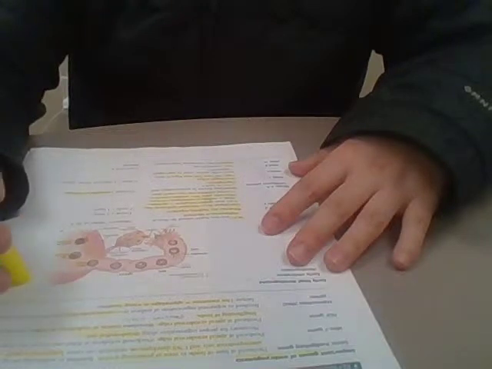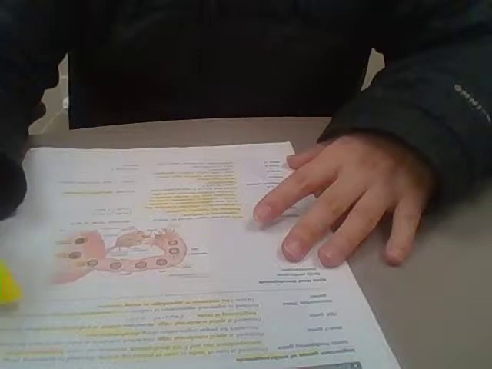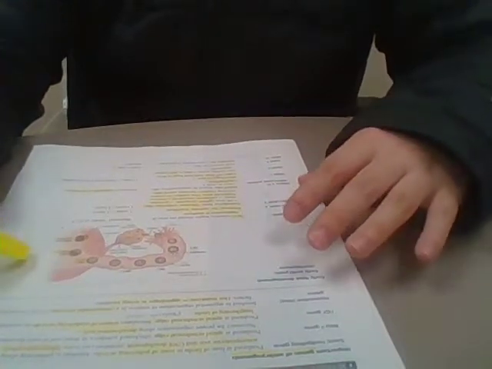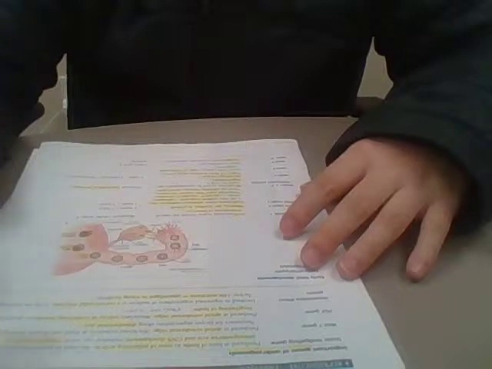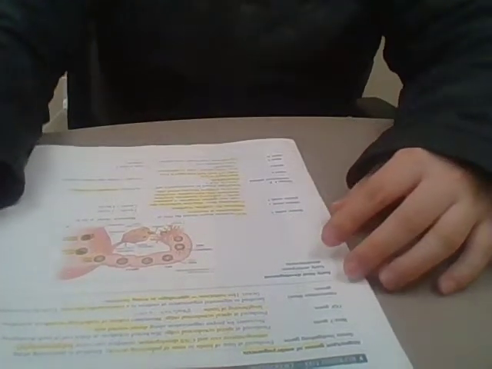With transvaginal ultrasound at week 6, you can hear the heart. Week 8, that's 2 months. Fetal movement starts. Week 10, genitalia begins to form.